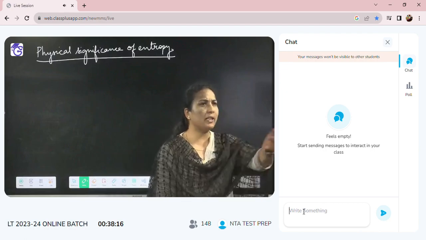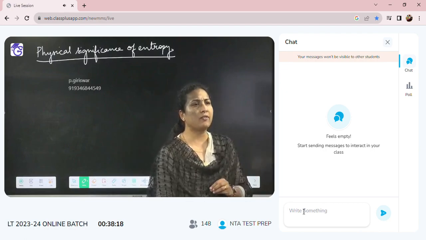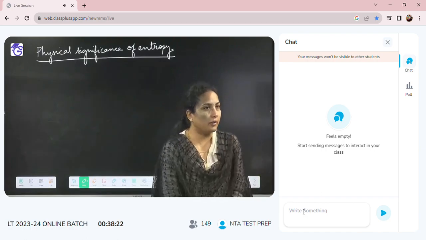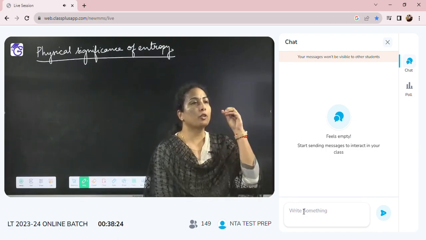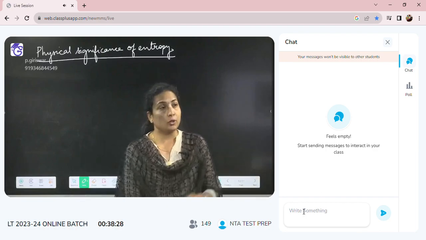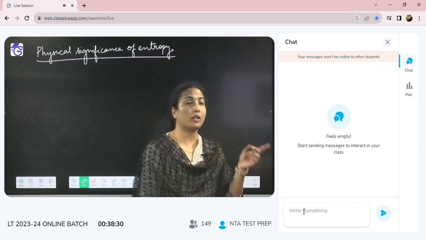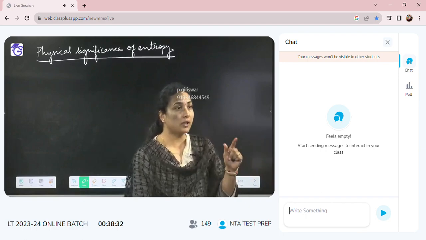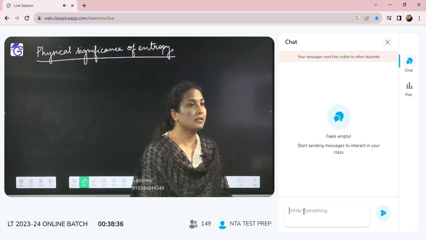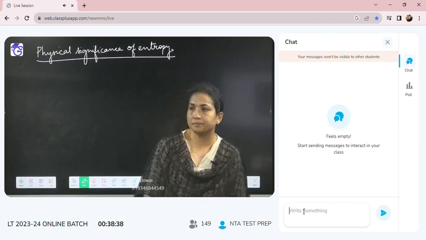You're easily able to identify where you have kept your pencil box, the chemistry book, the physics book. After 3 or 4 days, the room starts to become messy again. So the probability of finding that chemistry book or that geometry box reduces, because the entropy of the room has increased. Are you able to understand, right?